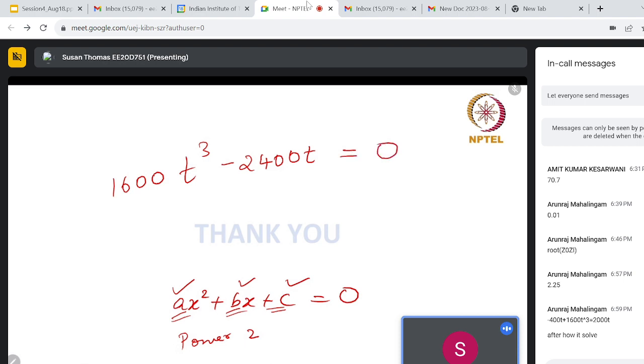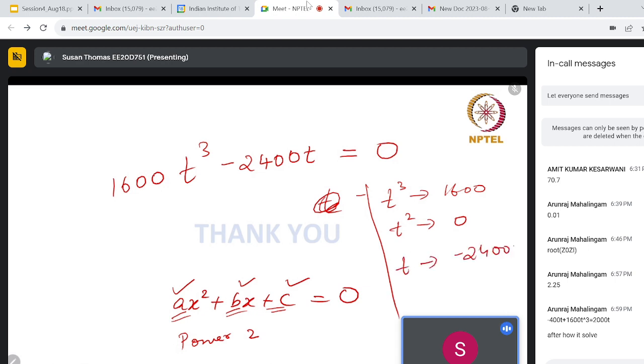So basically, in the t cube coefficient you have to write 1600. T square has no coefficient, so put it as 0. For t you put the coefficient as minus 2400. Then the constant term is 0. Then you will be able to solve for the value of t.